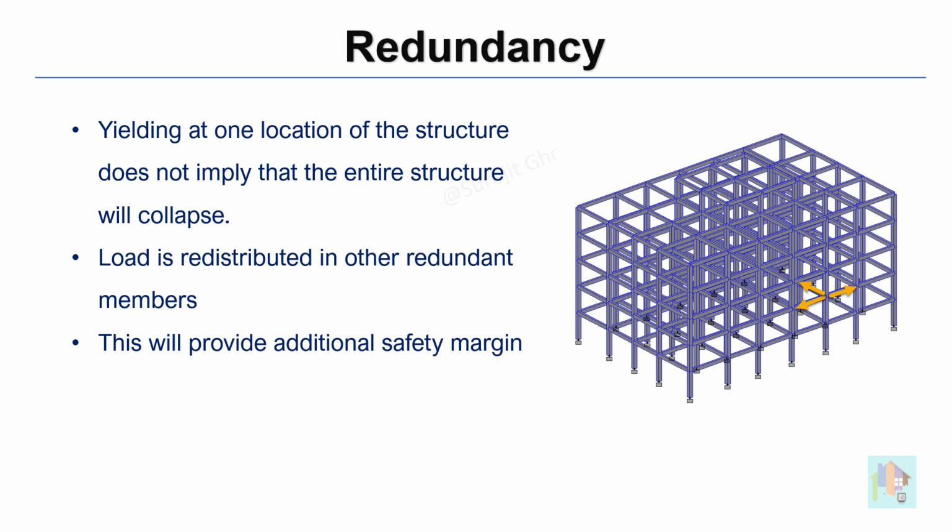There is another major contributor, redundancy. When yielding starts at a portion of the structure, it does not collapse. Rather, load distribution of redundant structure provides additional safety, which is not considered during design. Finally, to reduce the damage due to additional load, we use ductile detailing.